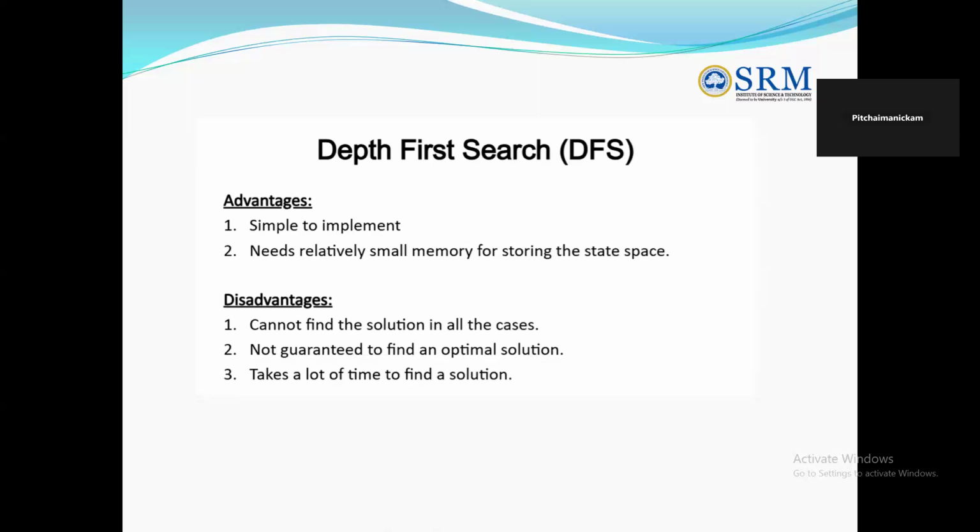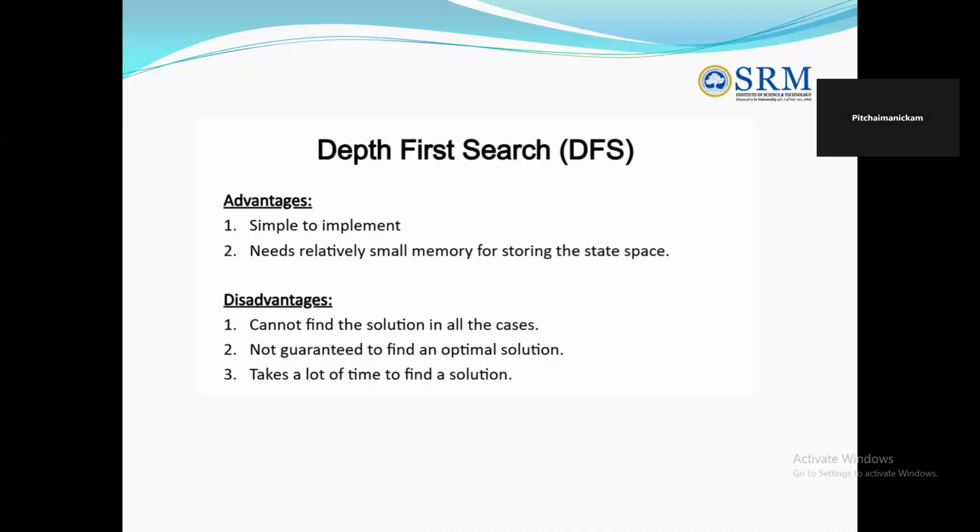Another thing is the disadvantages. So what are the disadvantages of this? Here we cannot find the solution in all the cases. So we are not able to find the solution in all the cases. The second thing is that it is not guaranteed to find an optimal solution.